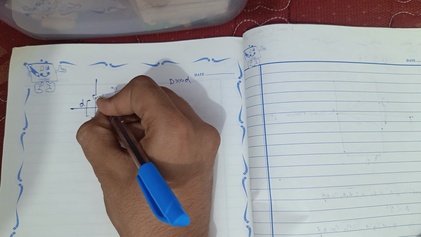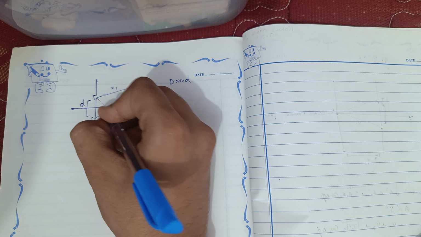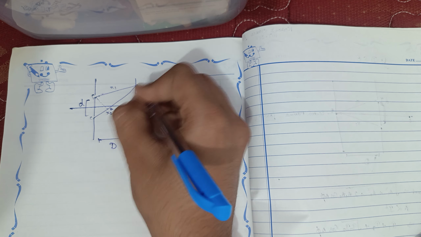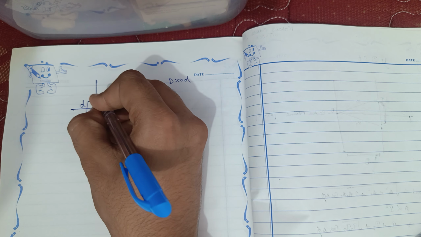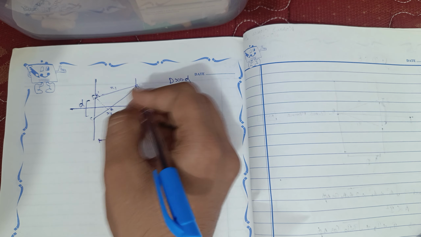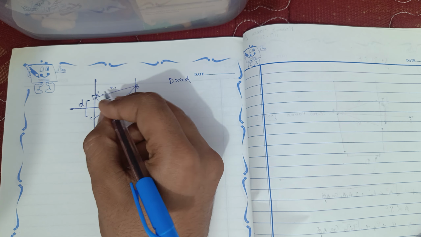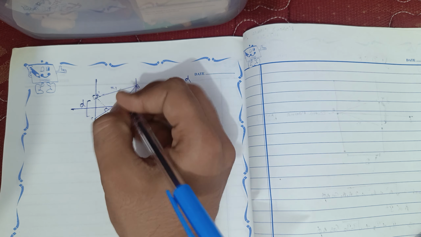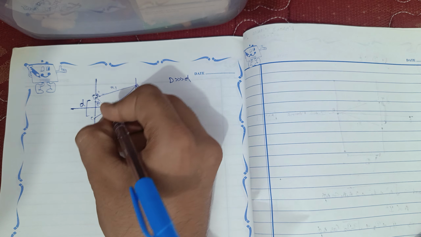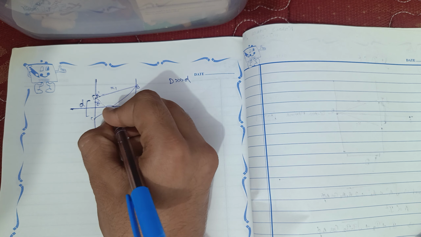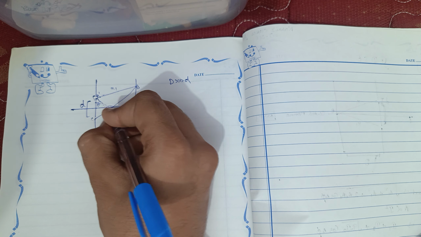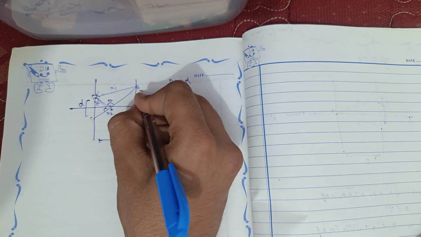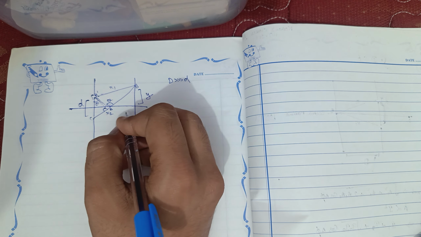So you can make a perpendicular from here, and you can say the distance AB is the same as the distance A prime B, and you make a perpendicular over here. Let us assume this angle is theta. Also this angle is theta, and this distance is the y distance.